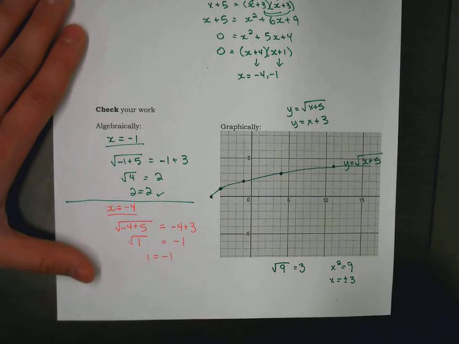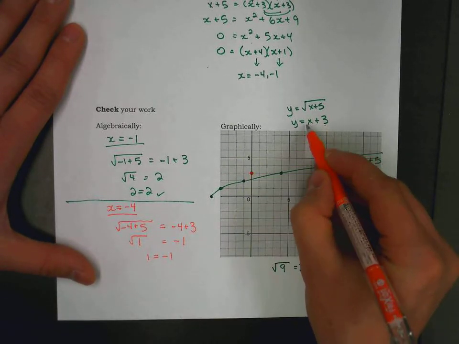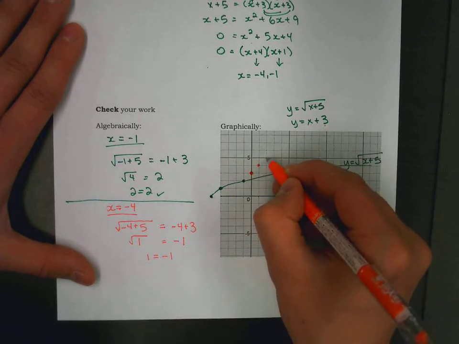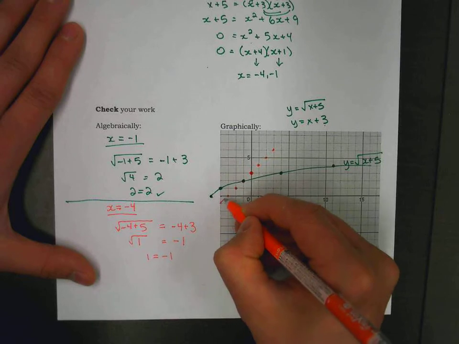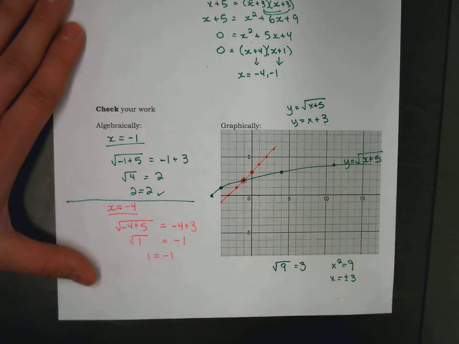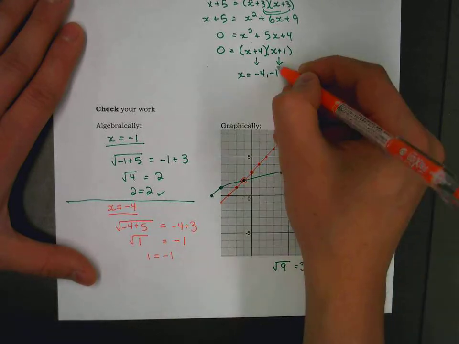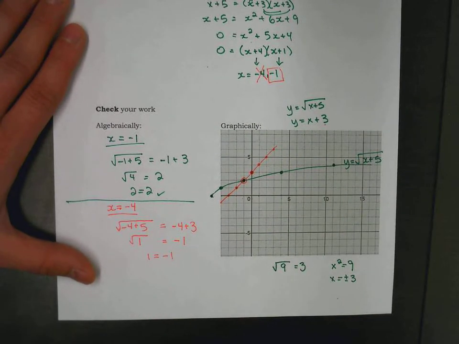We can sketch x plus 3 as a linear function with a y-intercept of 3 and a slope of 1. And already I can see where that intersection takes place, at the x value of -1. So the only answer is x equals -1. We'll be clear to scratch off the -4 and say it's not a solution, it's extraneous.